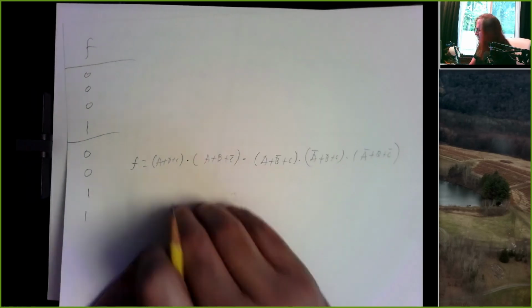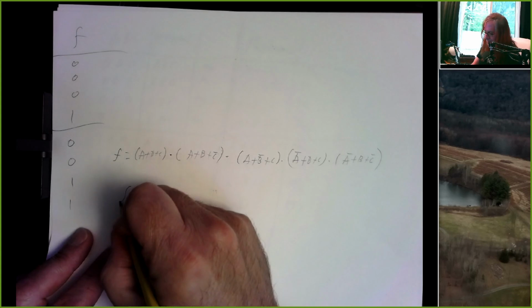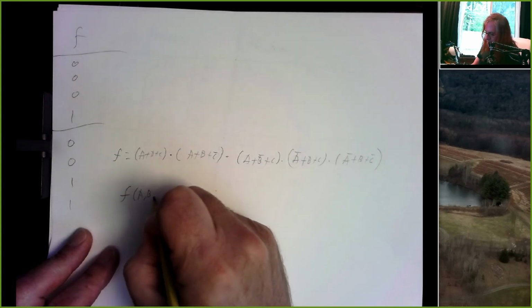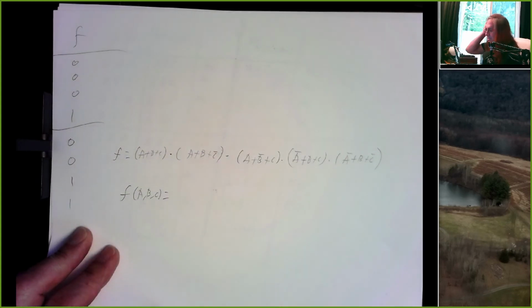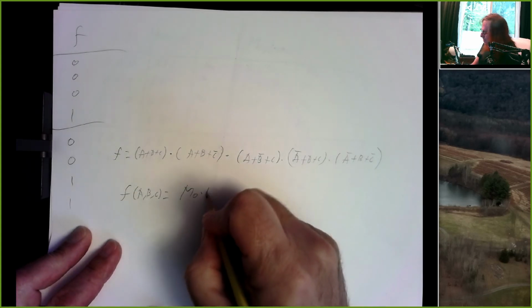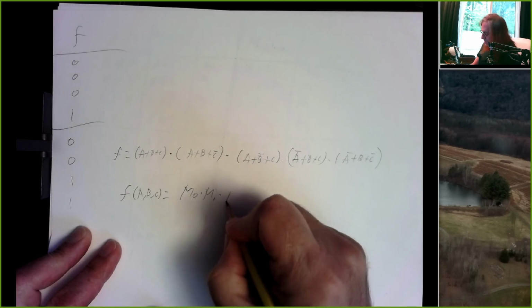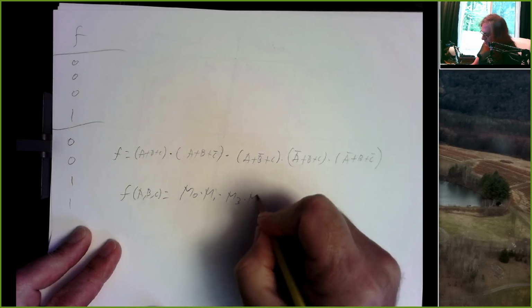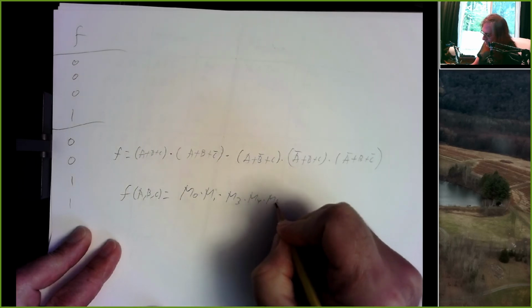So all of this I could write more succinctly as a product of max terms. So max terms 0 times 1 times 3 times 4 times 5.